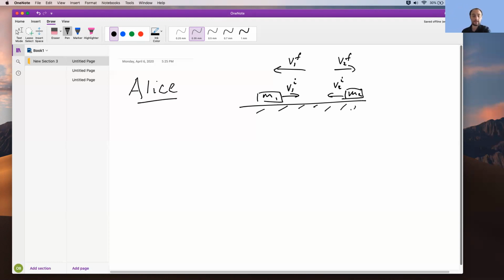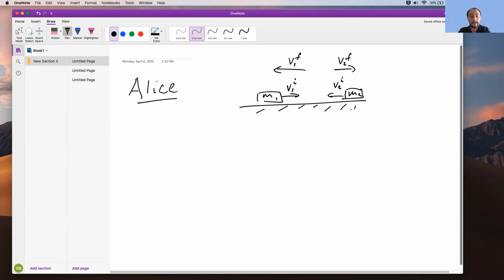So Alice is doing this experiment. Let's say she doesn't know anything about physics, but she knows how to take good data. She took careful data, and she found that while individual velocities clearly changed, V1 initial is not the same as V1 final. It's positive, the other is negative, and velocities could change in some complicated way.